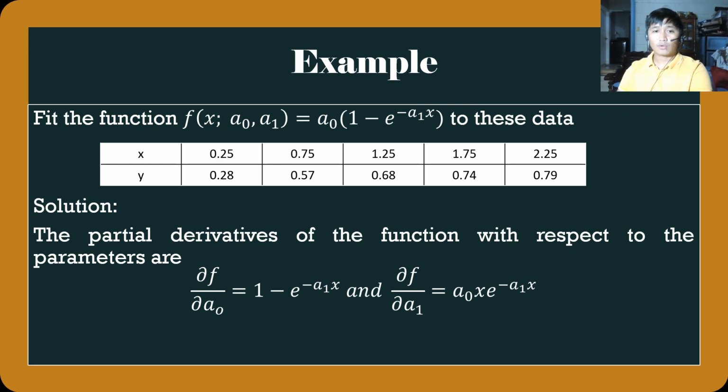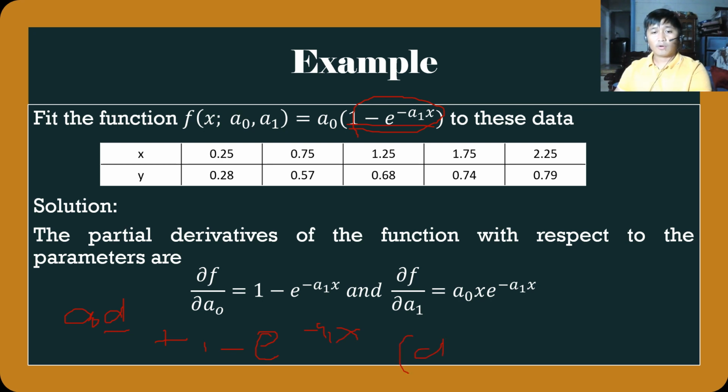Again, this is the basics of differentiation. This is a product rule: the derivative of a sub 0 times the other factor, plus a sub 0 times the derivative of 1 minus e to the power of negative a sub 1 x.